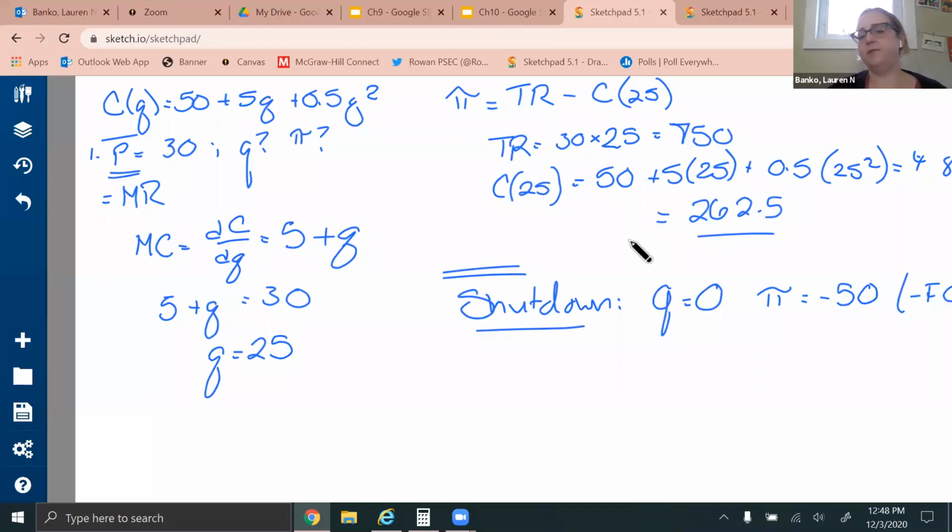And in particular, who remembers what the shutdown rule was? Wasn't it at the minimum average cost? If it was below that, then you shut down. Close. It's minimum average variable cost. So shut down if the price is less than minimum average variable cost.